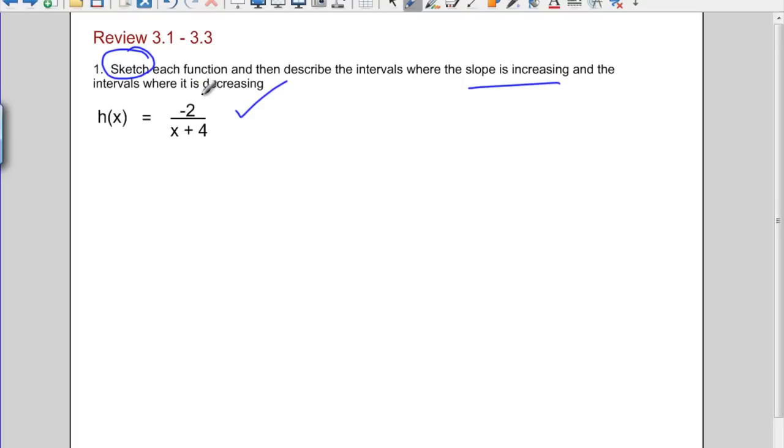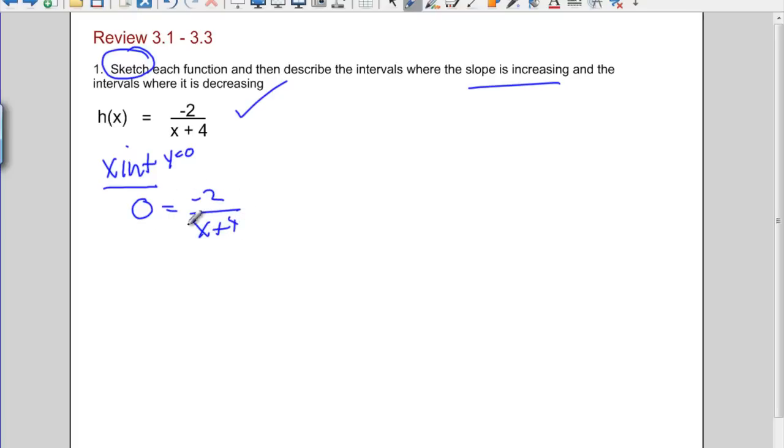So we start with our standard approach by identifying x-intercepts, y-intercepts, vertical asymptotes, and horizontal asymptotes. The x-intercepts are found by setting y equal to 0, and in this case we have 0 is equal to negative 2 over x plus 4.